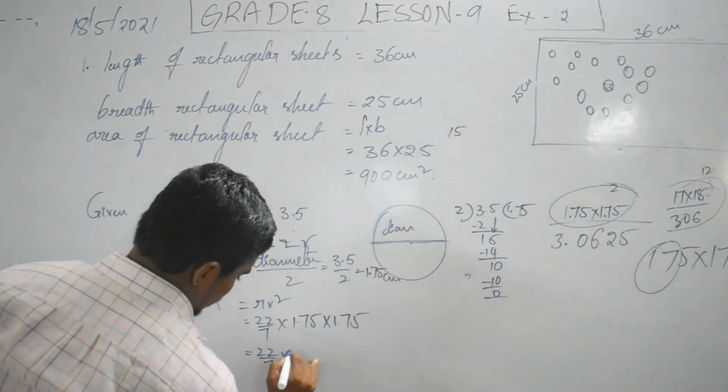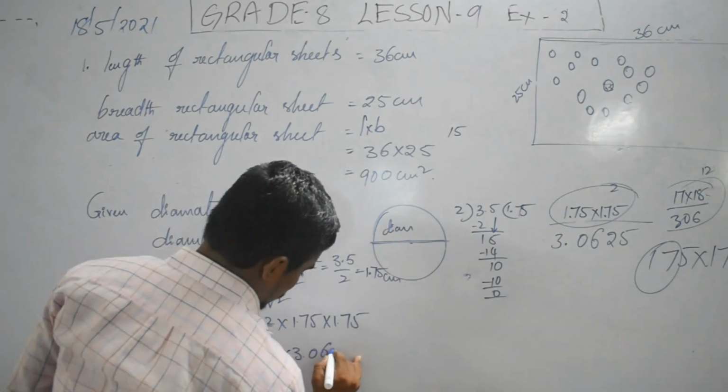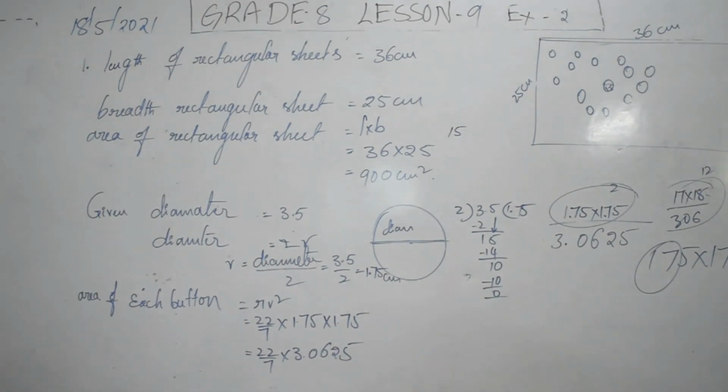22 by 7 times 3.0625. So how much is the value of 22 by 7? Already I said 3.14.